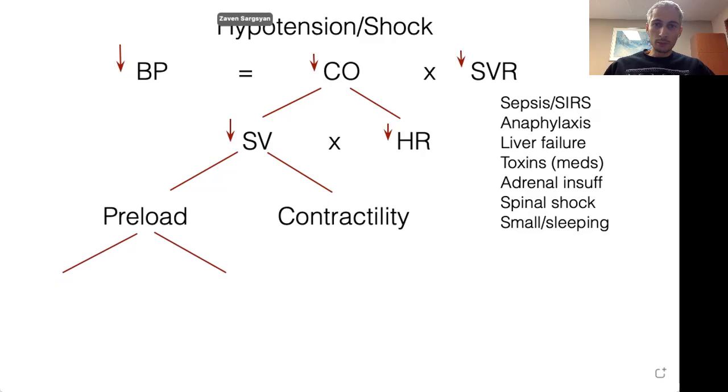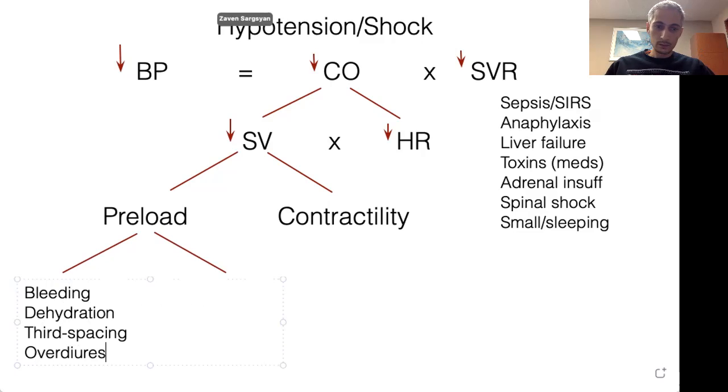So causes of low preload can be thought of as either actual situations of low blood volume, like bleeding, dehydration, third spacing, or overdiuresis, or they can be a problem with obstruction where the blood isn't getting back to the left side of the heart. And those are the so-called obstructive causes of shock, like a massive PE, tension pneumothorax, or cardiac tamponade.